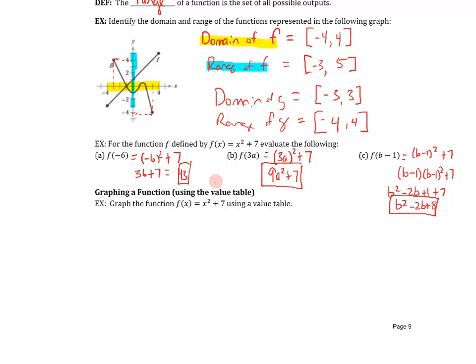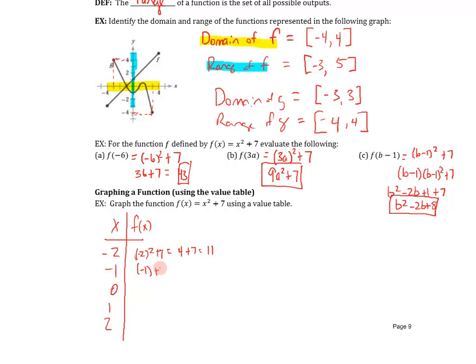And we can also graph using value tables. So the graph of a function, once we have a formula, is simply done by plugging in different values of x into your function and seeing what the output would be. If you plug in -2, you end up with 4 plus 7, which is 11.